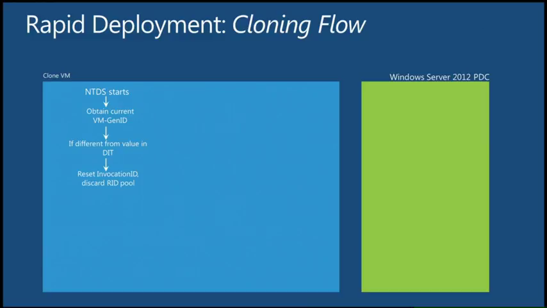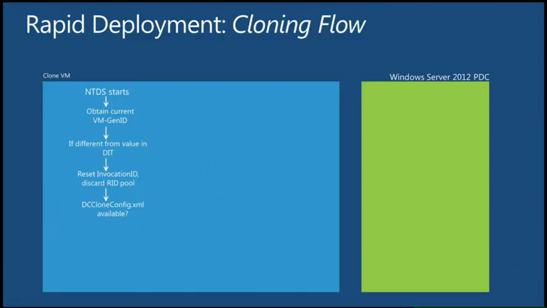So it will try to get a new RID pool from the RID FSMO, and this way you're going to avoid having conflicting SIDs. Then what we introduced is a cloning config file. So on the source DC, you put a cloning config file, in which you can provide a series of parameters, starting from computer name, IP addresses, your DHCP settings, or your DNS settings, there's a series of those things that you've provided.